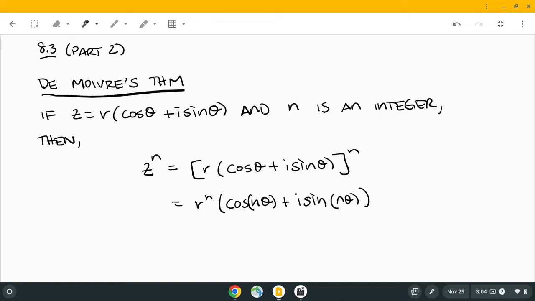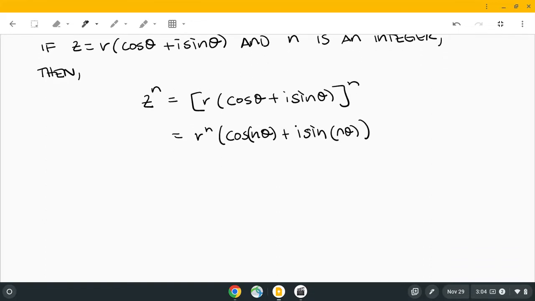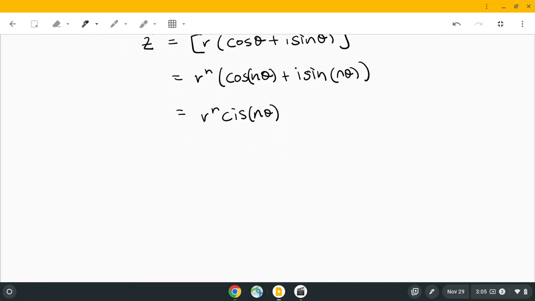If you want to use the short version of writing this, that's fine. The short version would be r to the n cis n theta. All right, so let's take a look at an example here.